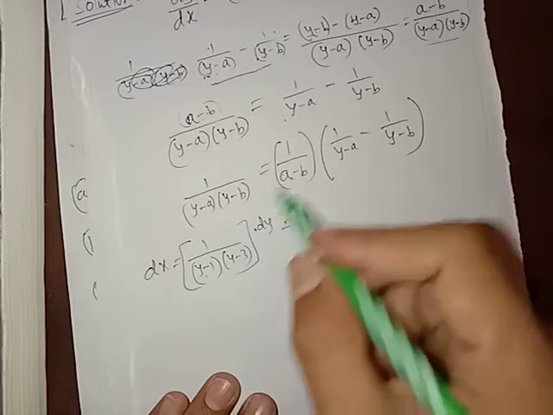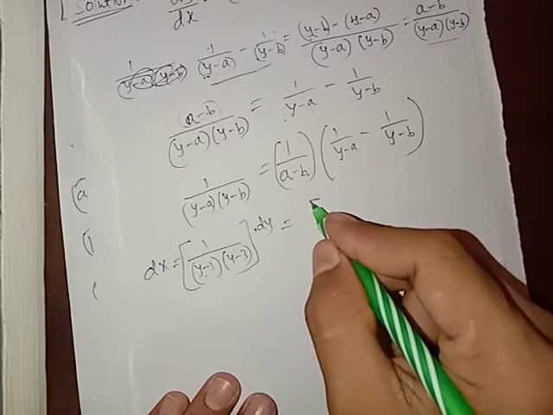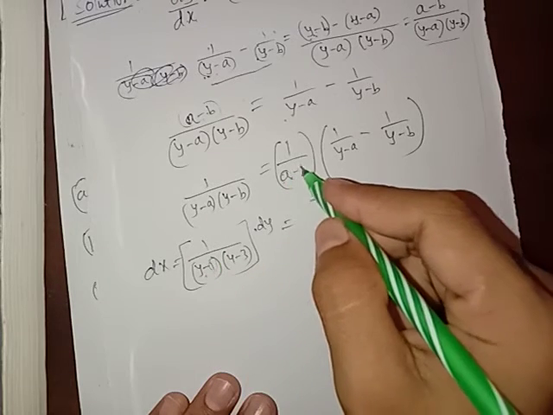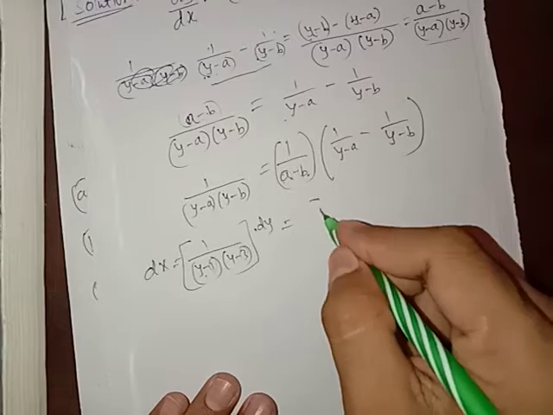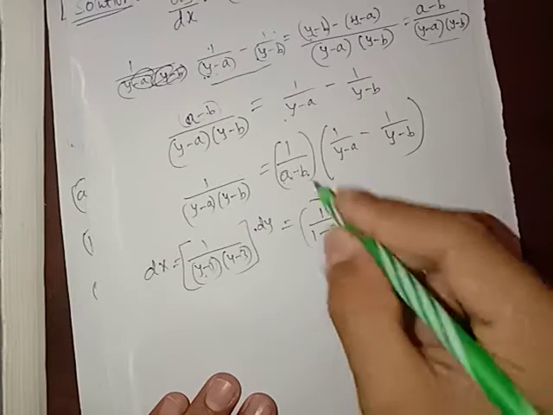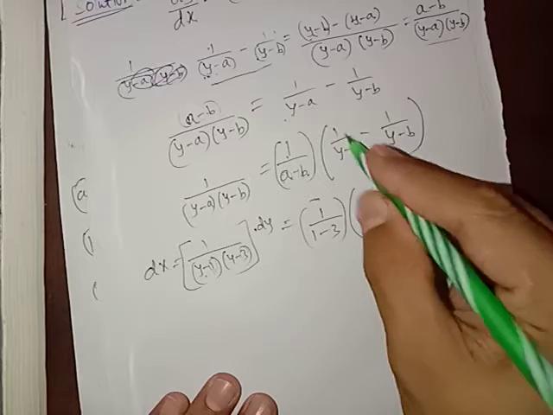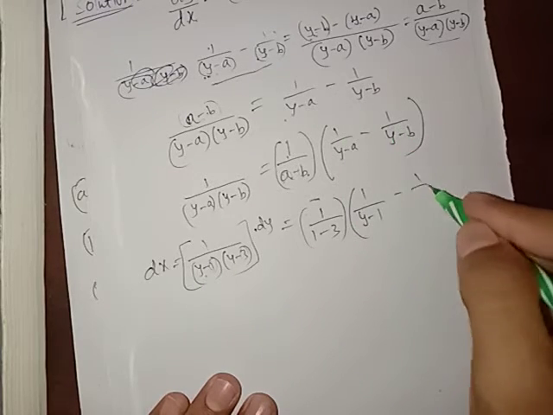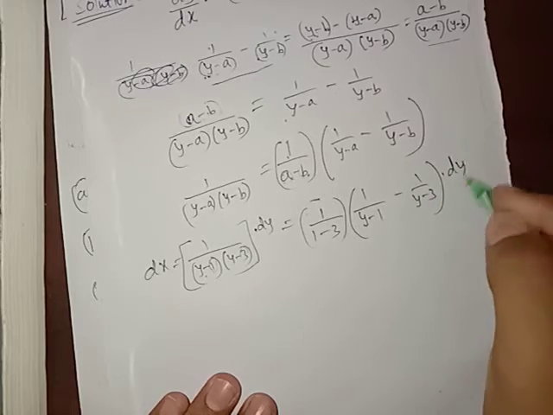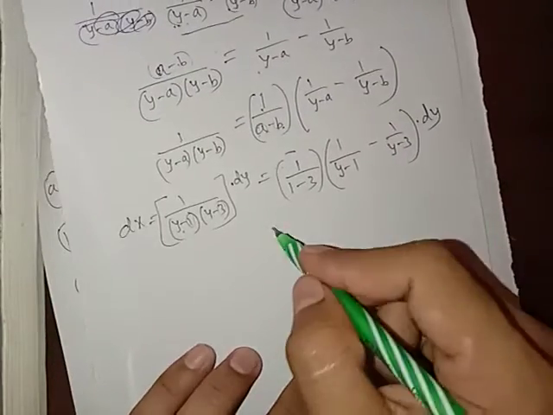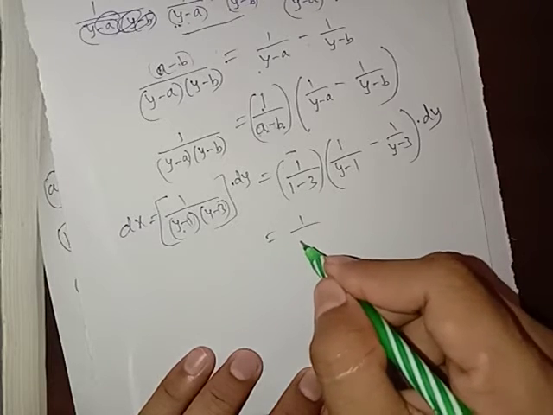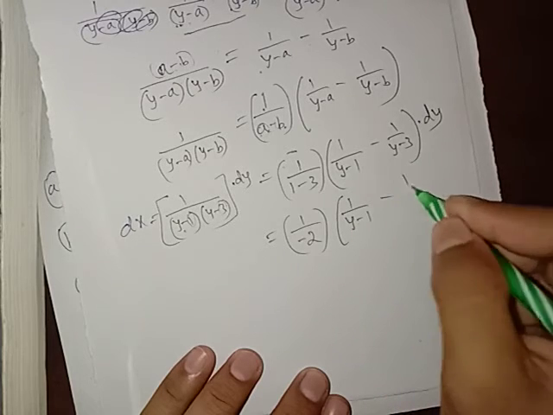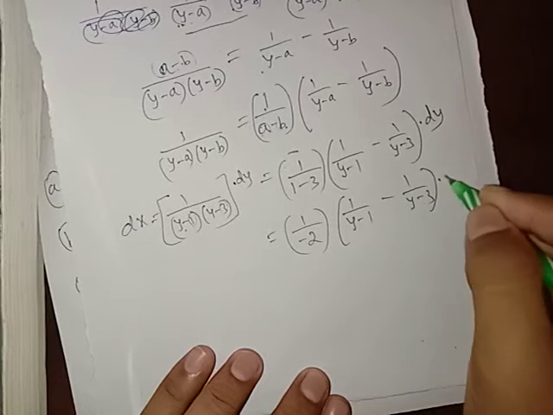Here in the place of a minus b, a is 1 and b is 3, so we can write 1 divided by 1 minus 3, into 1 by y minus 1 minus 1 by y minus 3, into dy. So this is 1 divided by minus 2, times 1 divided by y minus 1 minus 1 divided by y minus 3, into dy.